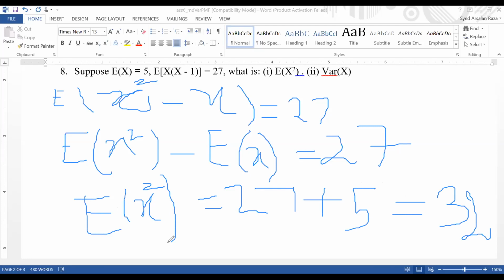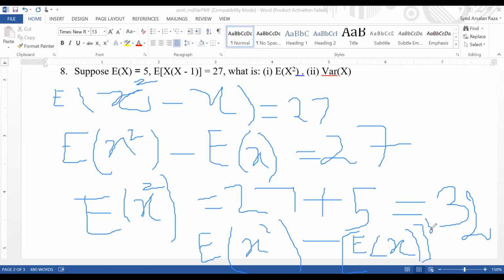Now how can the variance be determined? The formula of variance is quite simple. Expected value of X square minus expected value of X, whole square. E[X] is already given, it is 5, so its whole square is 25. 32 minus 25 is the variance.